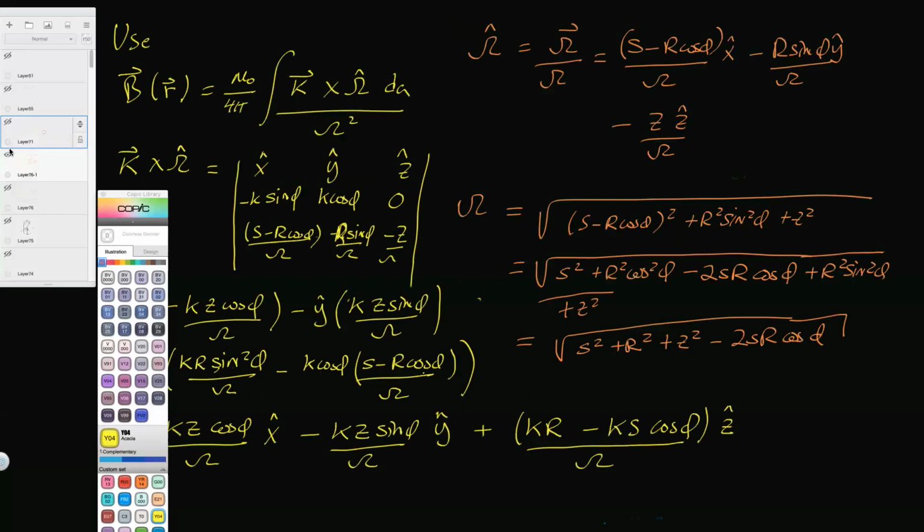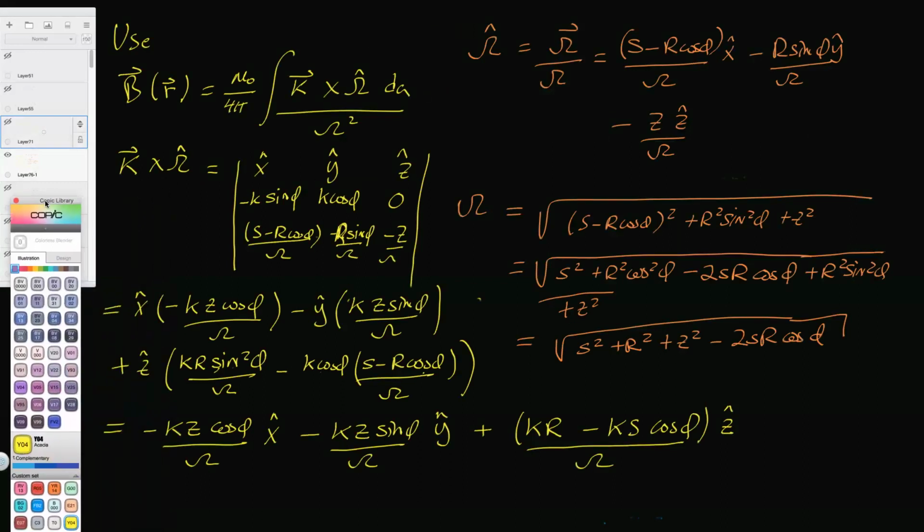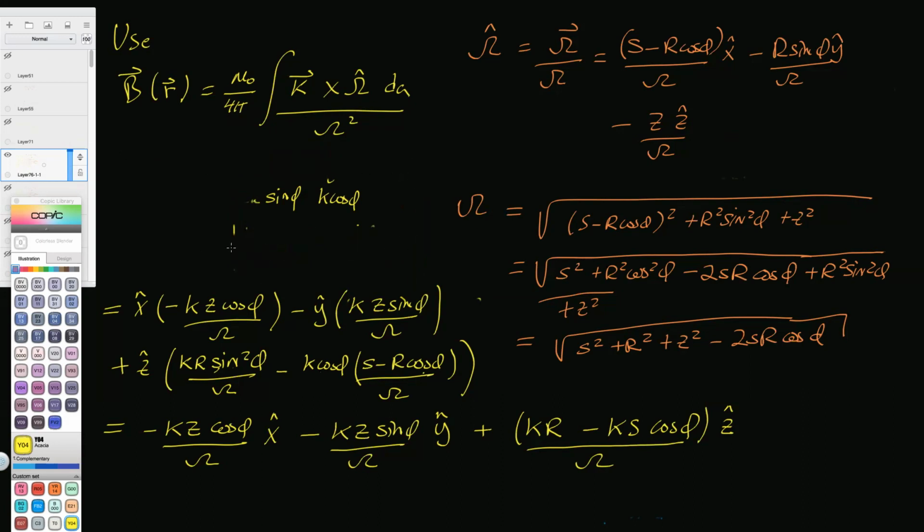Okay, here we go. So now we're going to get another layer and continue our work. Now the integrals are the nasty parts. Okay, so let's duplicate our layer, turn this guy off. And we have our cross product, and we know we only need to keep one piece. And we can now set up our integrals, or integral.